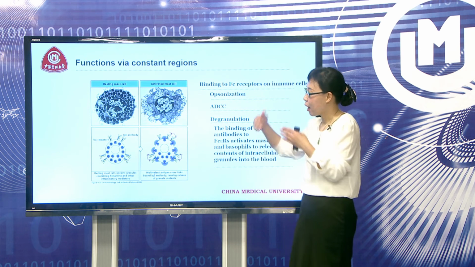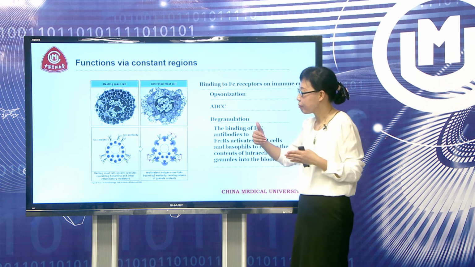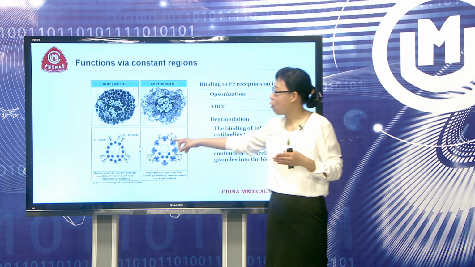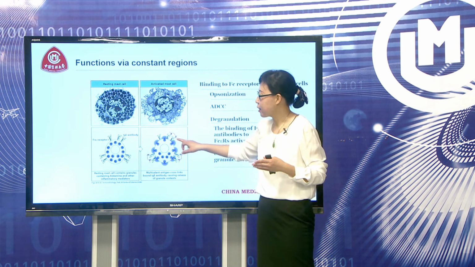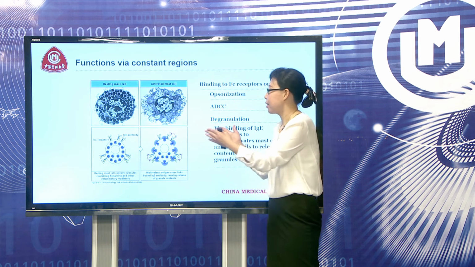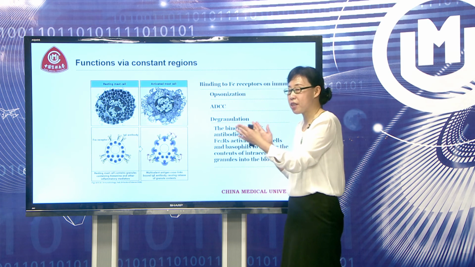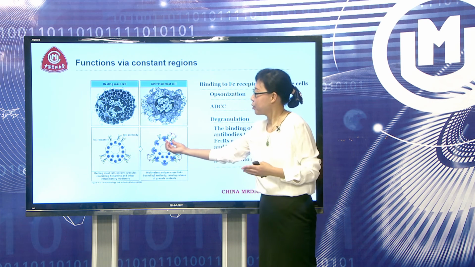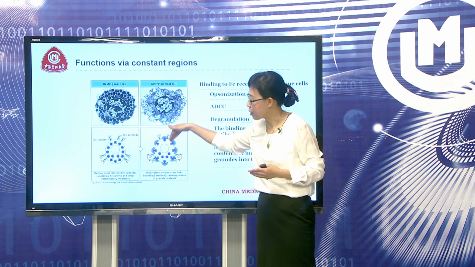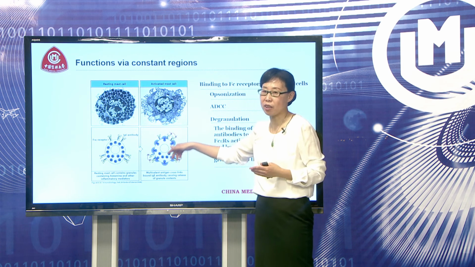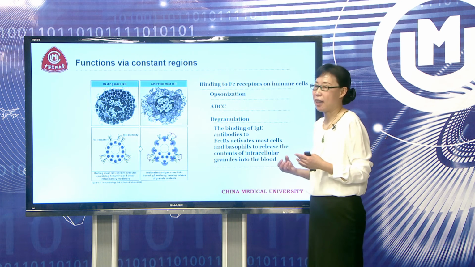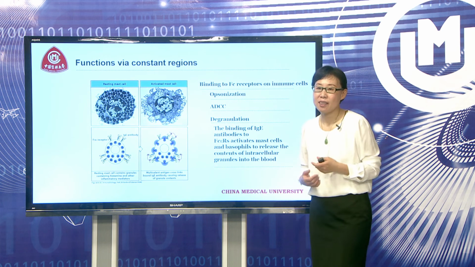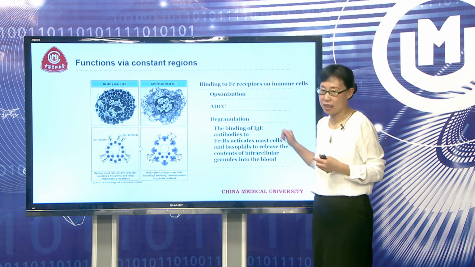So after their binding, when the mast cells or basophils are exposed to some antigens, those antigens can cross-link the adjacent Fc receptors. So they will transmit a stimulatory signal for mast cells. So the mast cells can be activated and degranulate. This process is called degranulation.